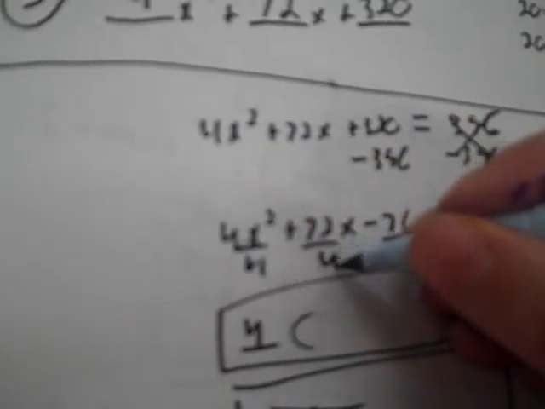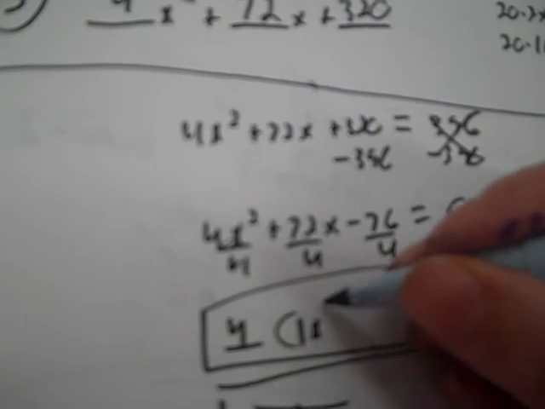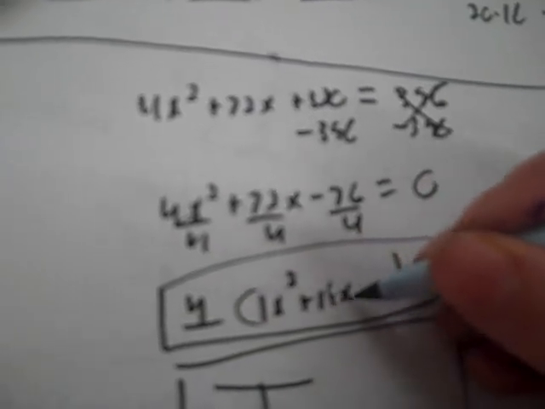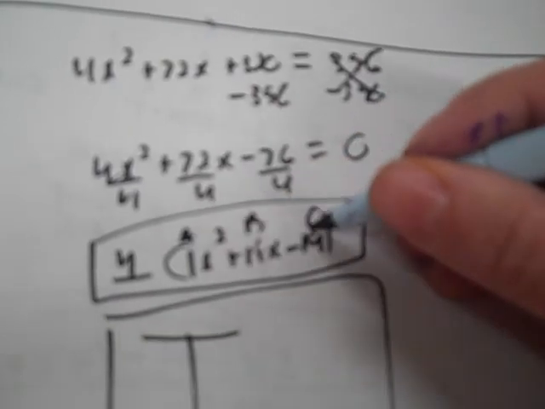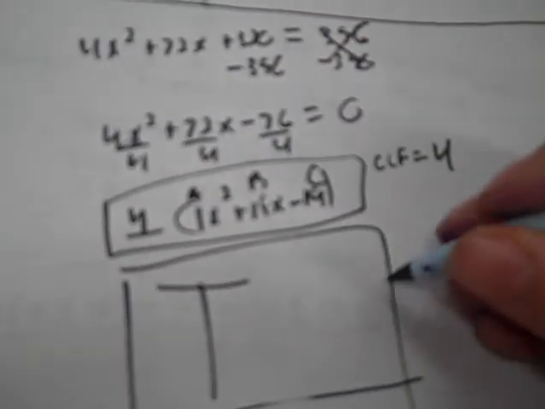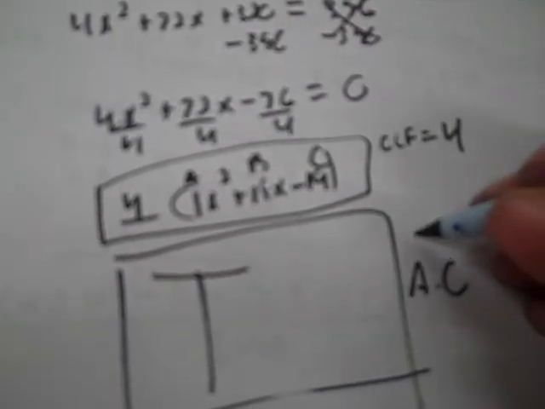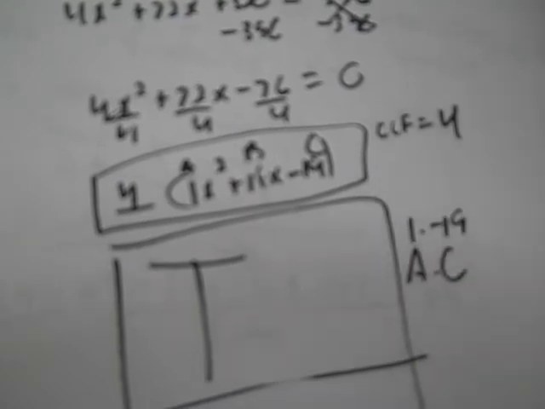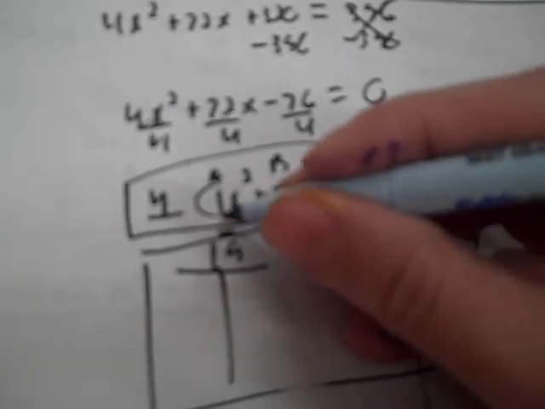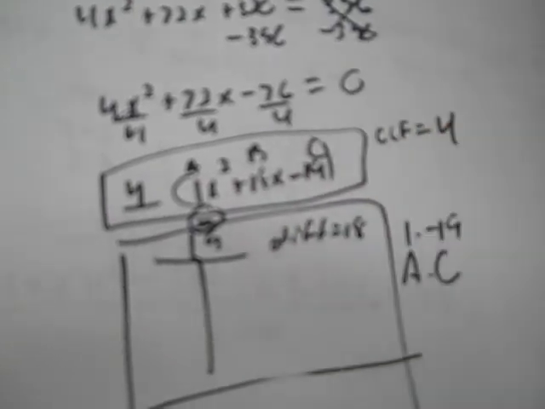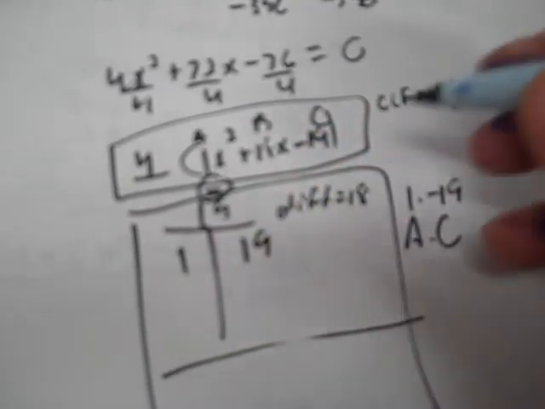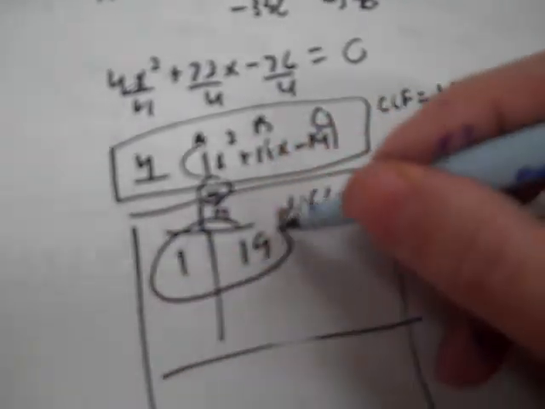So I divide by 4, and that's 1x squared plus 18x minus 19. So the ABC goes here, not here. So A times C, 1 times negative 19, is negative 19, so the difference needs to equal 18. 1 and 19. 19 minus 1 is 18, so let's go with those two.